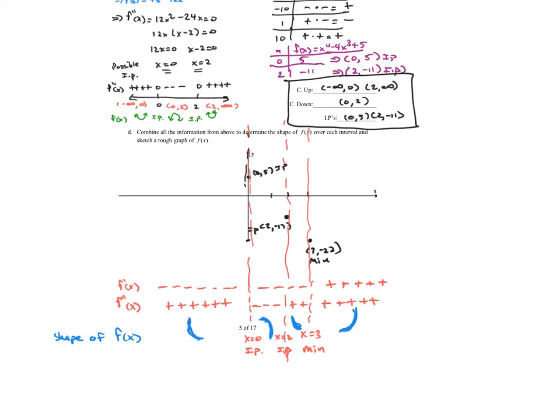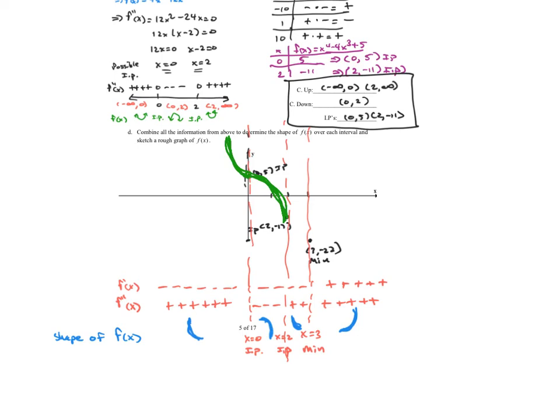So I have to go to the point (0, 5), and before that I have to be the left half of a smiley face, so I do that. Between the point (0, 5) and the point (2, -11), I labeled it pretty sloppy, I have to be the right half of a frown, so I connect those two points, making a right half of a frown.